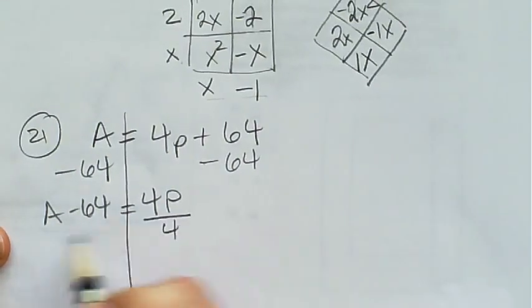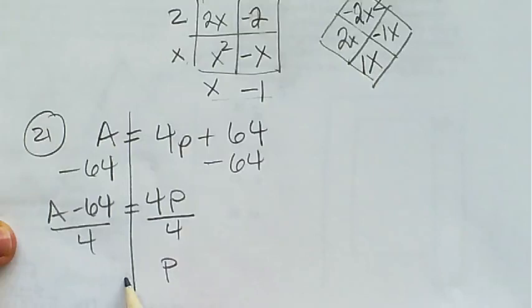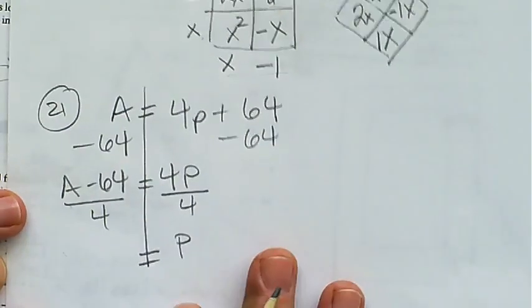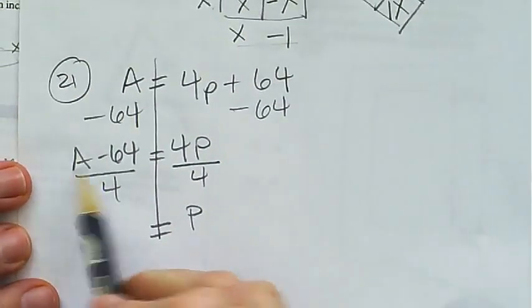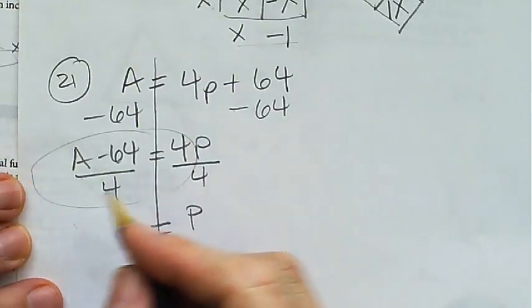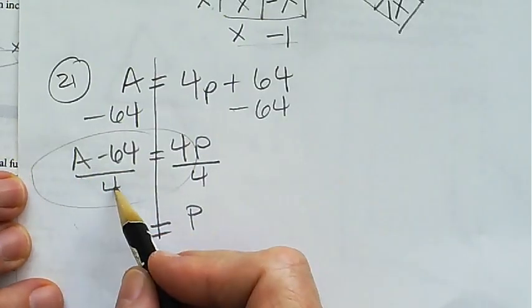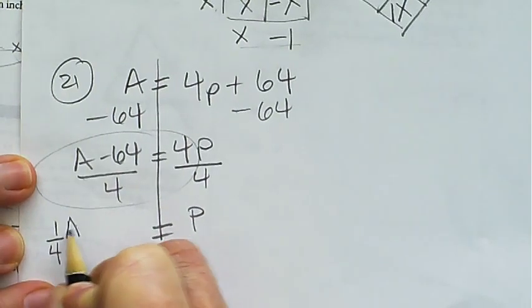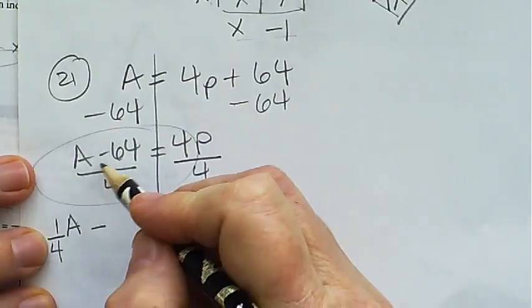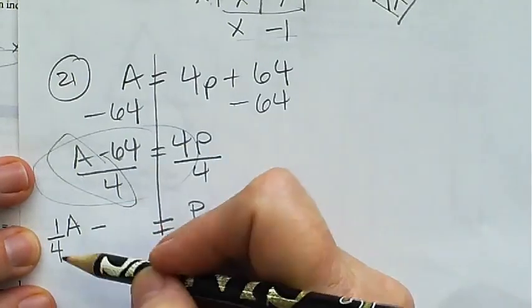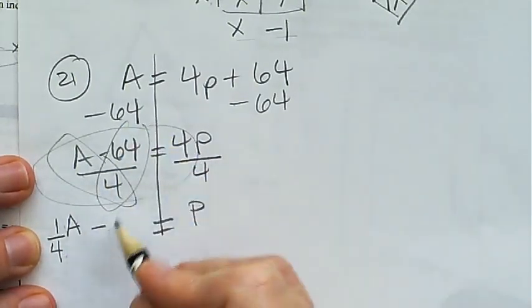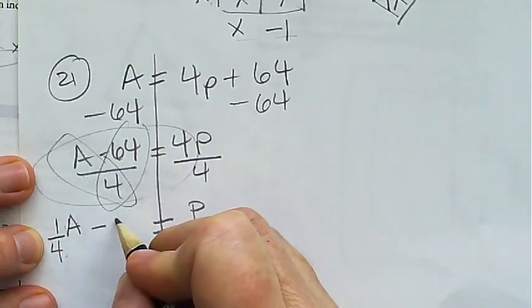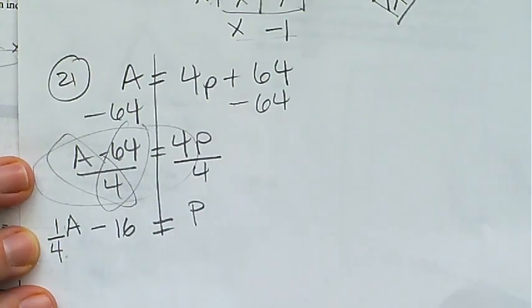And then I would divide by 4 on both sides, which would give me P equals, now I'm going to write this a certain way. Technically this is the answer, but you might not see what they're asking about if I write it like this. I'm going to write it as 1/4 A minus, so I did A over 4, which is 1/4 A. 64 divided by 4 is 16.